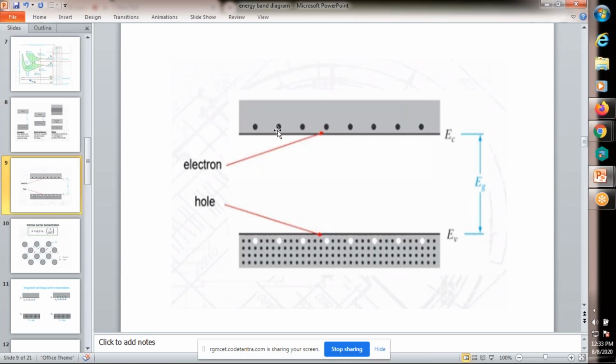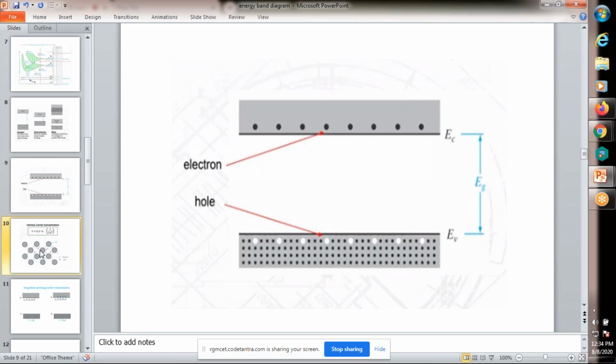Why? Because in the conduction band, energy states are available, that means space is available. So as temperature increases, a few electrons in the valence band acquire sufficient energy to overcome the band gap energy and jump into the conduction band.